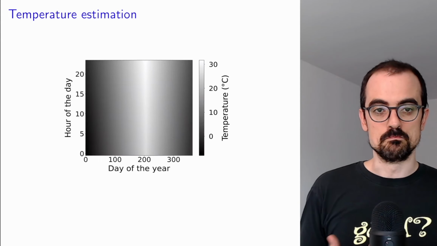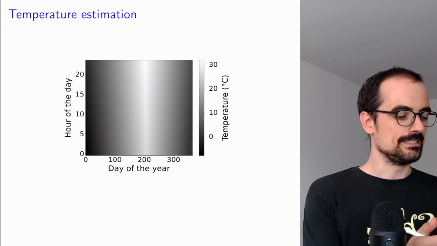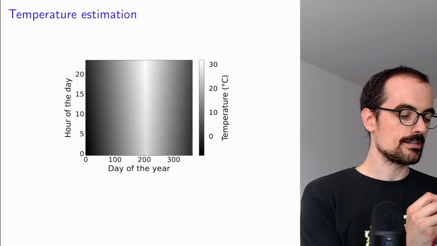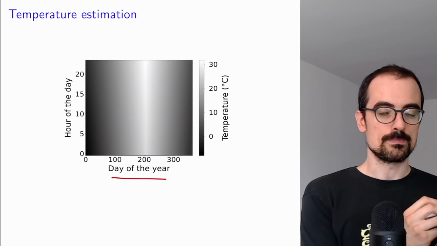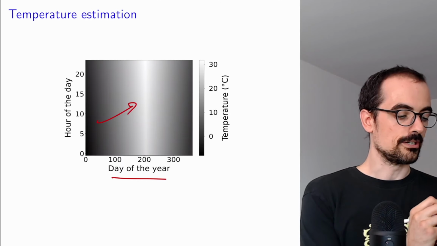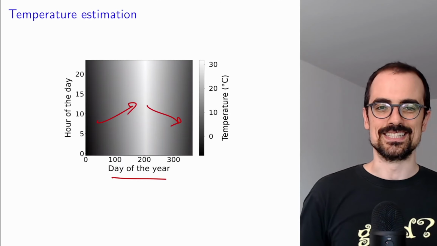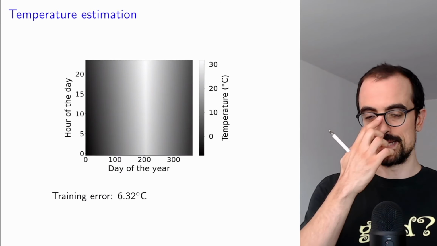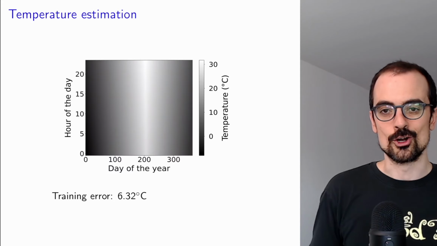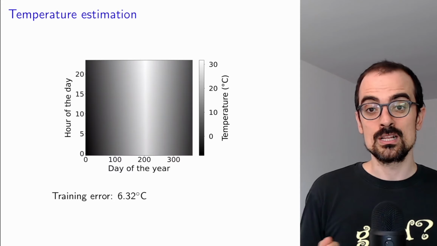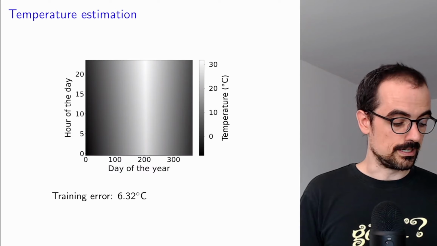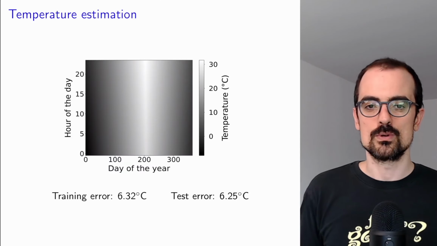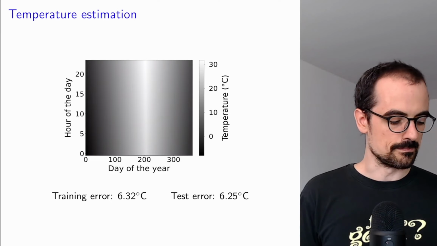And we actually see that this very, very simple model learns that with respect to the day of the year, the temperatures first increase and then decrease. The training error is much, much better than the training error of the linear model, and it's better than the regression trees, on par with the tree ensembles.